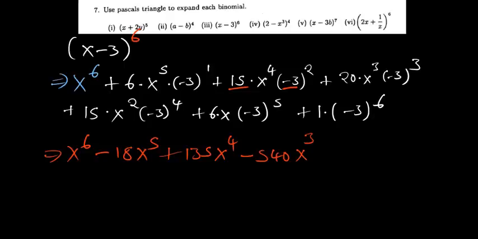3 times 3 times 3 times 3 is 81. So that's 81 times 15, which is 1215 x squared.